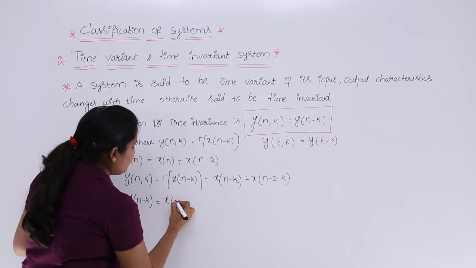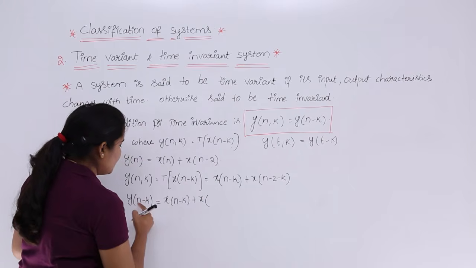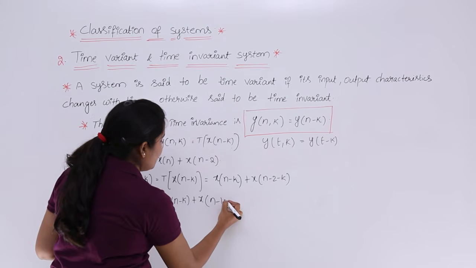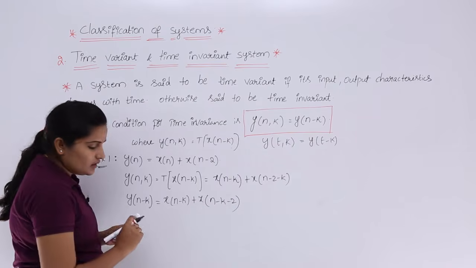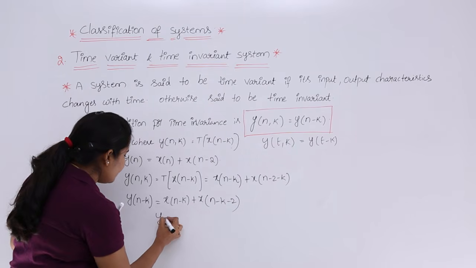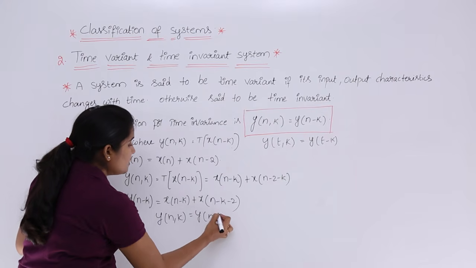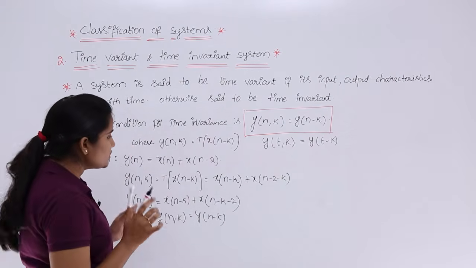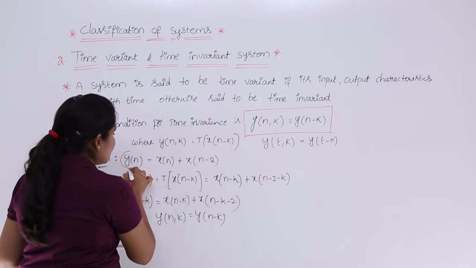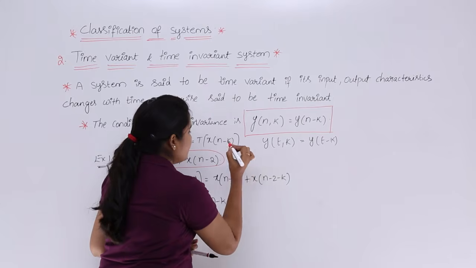So, x of n minus k plus x of, in place of n, n minus k minus 2. If you observe these two, y of n comma k is equivalent to y of n minus k. So, this satisfies the condition, and the system with this response is said to be time invariant.